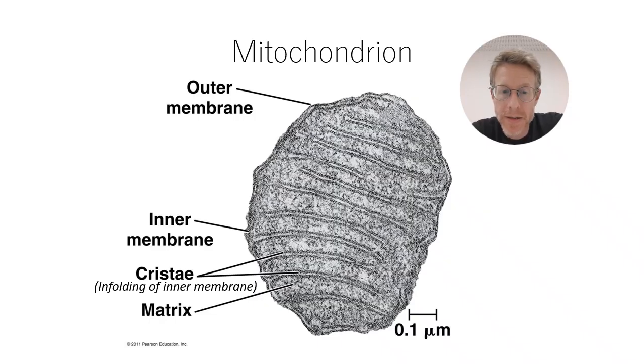The space between the outer and inner membrane is called the intermembrane space. And the fluid-filled region within the two membranes, like inside the mitochondrion, is called the matrix. You need to remember all of this vocabulary.